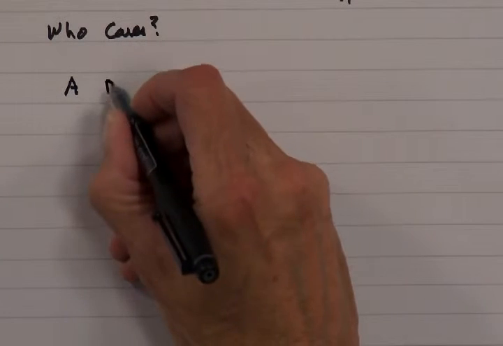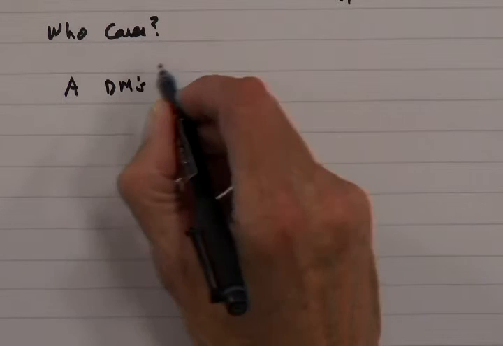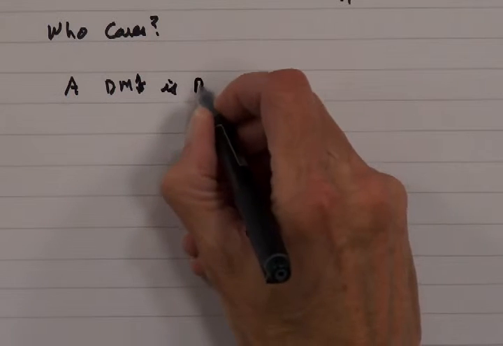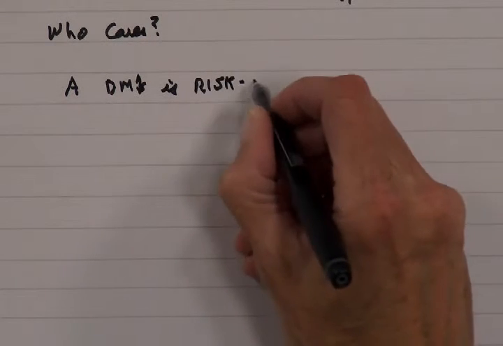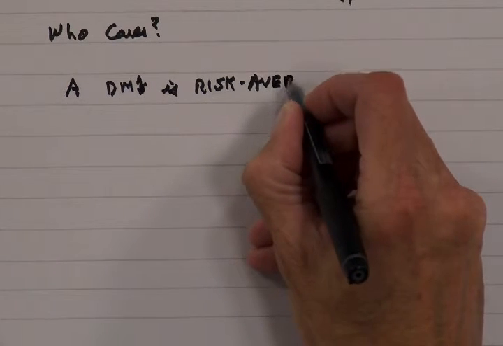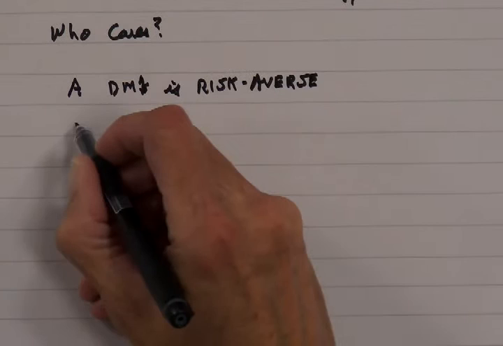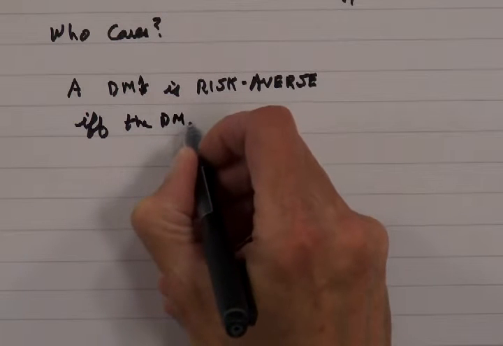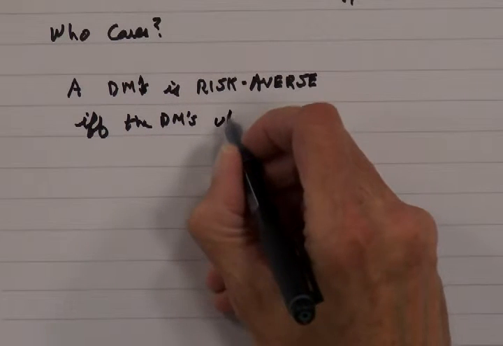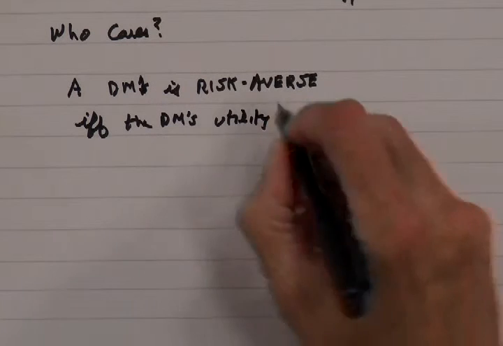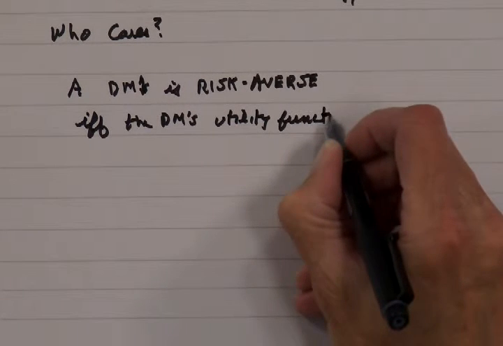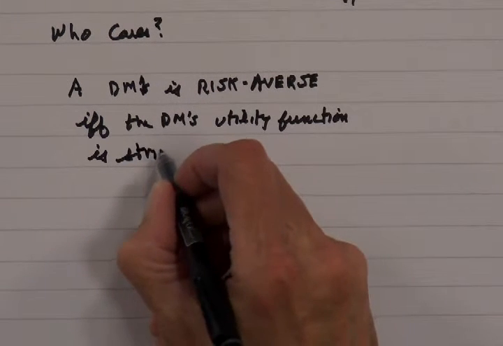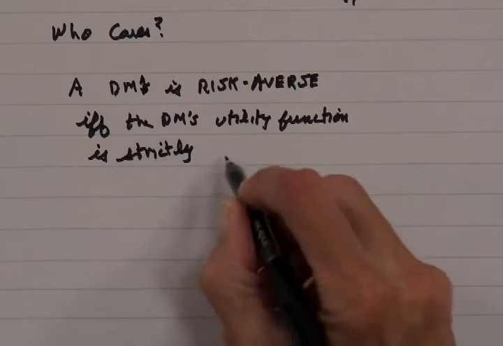Let's say a decision maker is risk averse if and only if the decision maker's utility function is strictly concave.